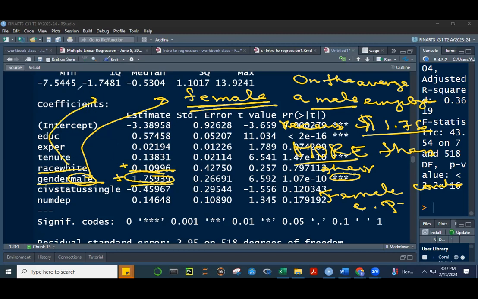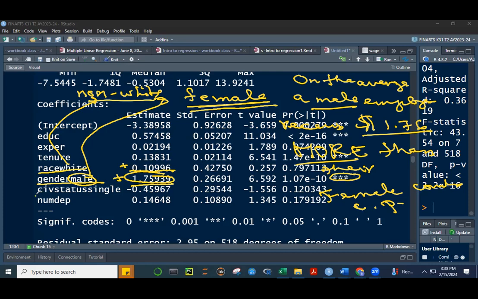Our reference is the alphabetically first, non-white. So we read white in reference to non-white. White employees receive $0.11 more than their non-white counterparts, ceteris paribus. Okay, so this might be an issue of discrimination, but it's not significant.